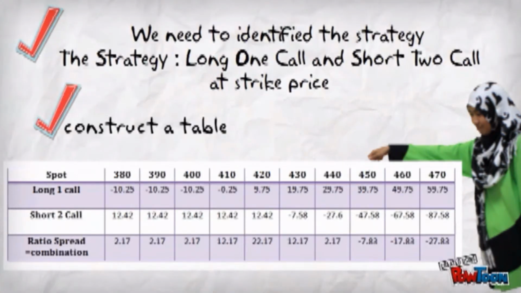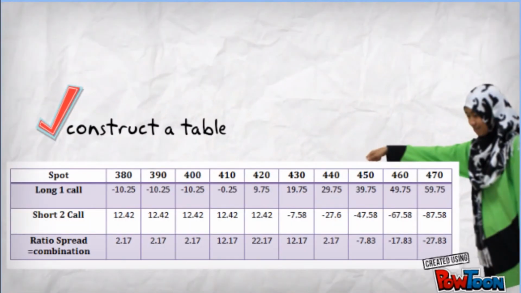First, I'm going to show you how to calculate the profit for the long 1 call. In order to calculate the profit, we need to consider whether the buyer of the option exercises, or just lets go of the contract. As you can see from the table, the buyer of the option loses the premium from the spot price 280 until 400 because the spot price of the underlying asset is less than the strike price.